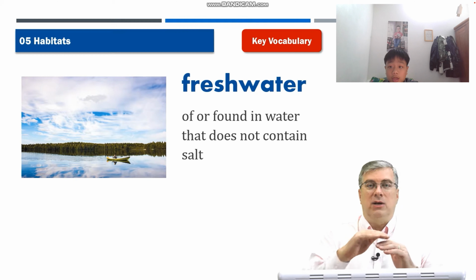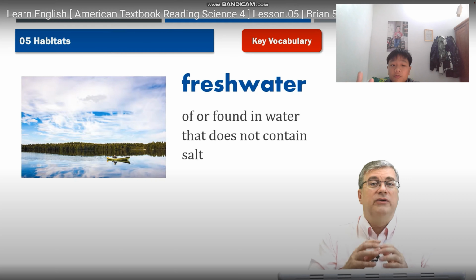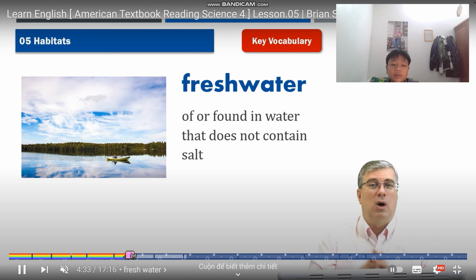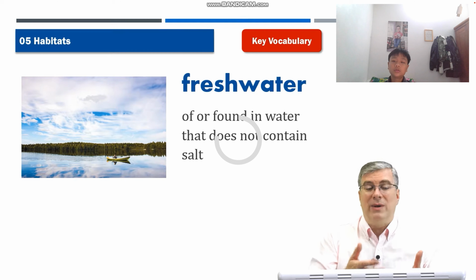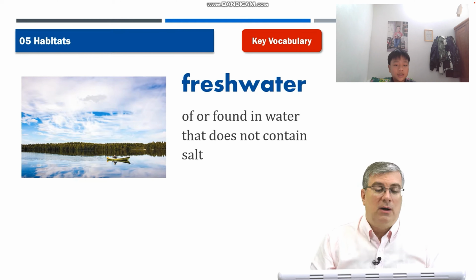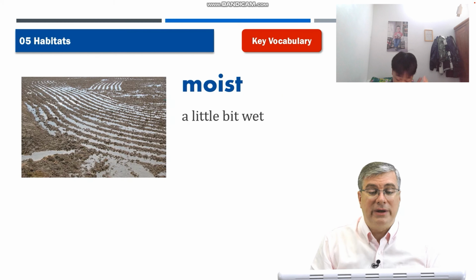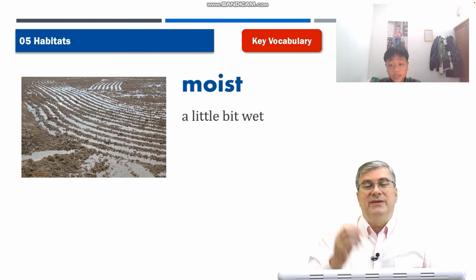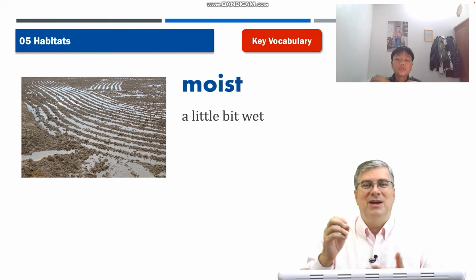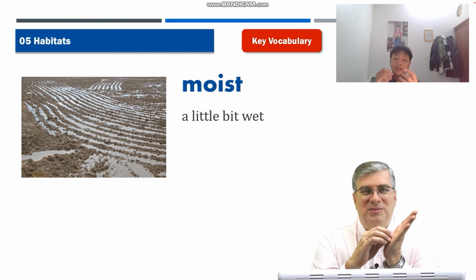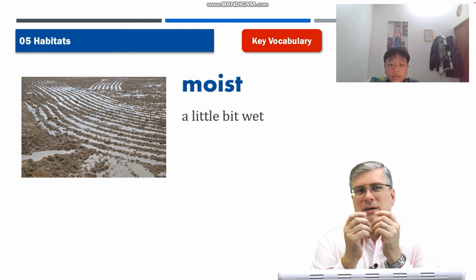Not like salt water, we cannot drink it, but fresh water, after we put it in some kind of special tool that makes it fresher, we can drink it, and we use it in our life. We use it to clean our bodies, to drink, to cook tea, to cook some soup.